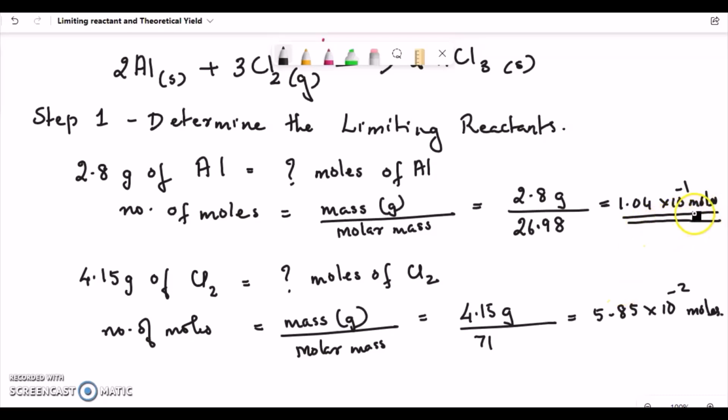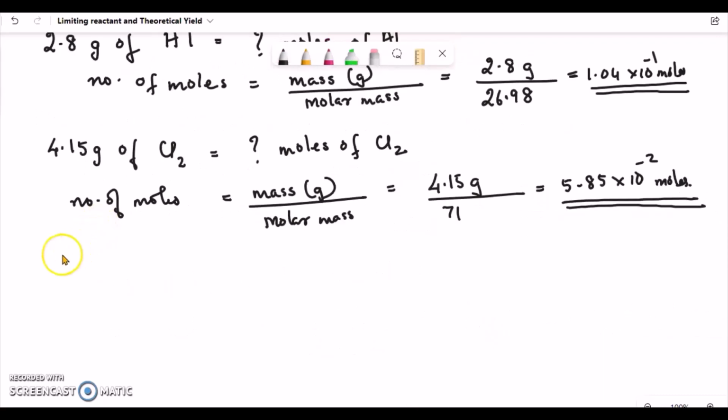Next, you calculate the number of moles of aluminium chloride that can be produced using 5.85 times 10 raised to minus 2 moles of chlorine. Whichever gives the smaller number of moles of aluminium chloride, that reactant will be the limiting reactant. So let us do that calculation.